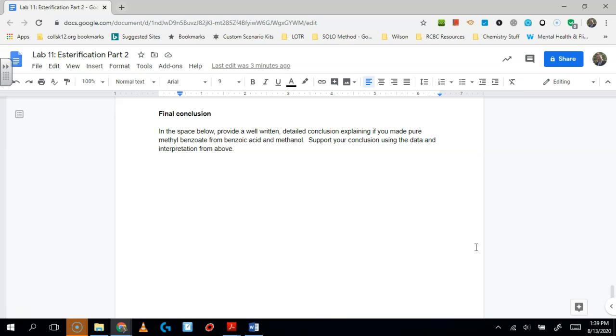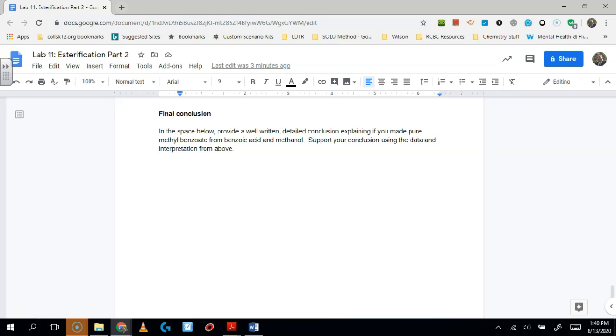When we say detailed, make sure you write your conclusion in paragraph form with complete sentences, using data from above, like IR data. You don't have to do a complete analysis of the IR data, but you do want to include IR values and NMR interpretation. Again, not a complete interpretation, but some NMR interpretation, and the same with the carbon NMR.